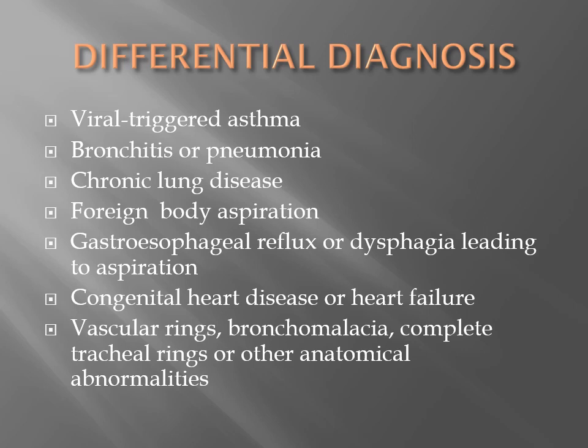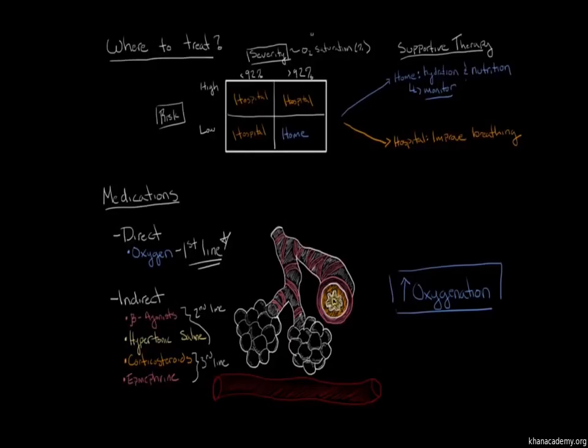But other viruses may also cause bronchiolitis. Bronchitis, pneumonia, gastroesophageal reflux, congenital heart disease and heart failure, vascular ring, bronchomalacia, and anatomical abnormalities are also included in the differential diagnosis. What about the treatment of the patient?